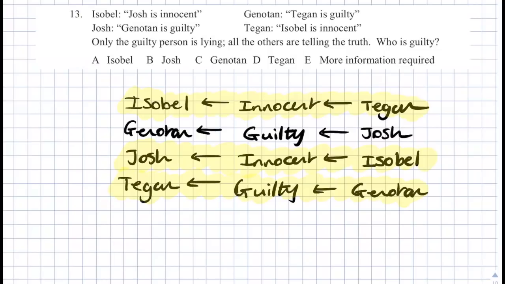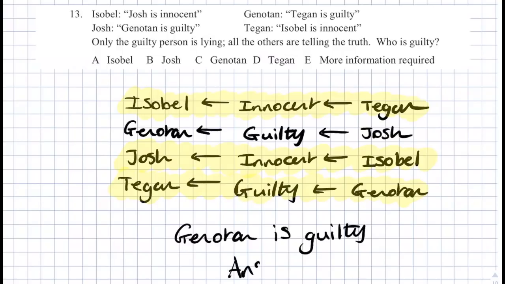So if Josh is saying that Jennerton is guilty, and Jennerton is actually lying, then his statement says that Tegan is guilty, when actually it should say that Tegan is innocent. So therefore that ties in with all our assumptions. So I think we can say that Jennerton is guilty. And that is answer C.